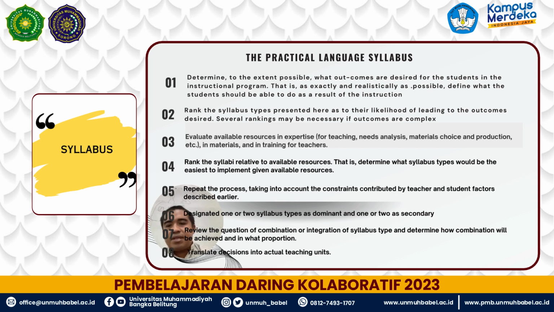And then number six, one or two syllabus types are dominant, and one or two as secondary. And then the last one, decision into actual teaching unit. So the teacher needs to decide what syllabus is suitable for the teaching and learning process that will be designed into the lesson plan.